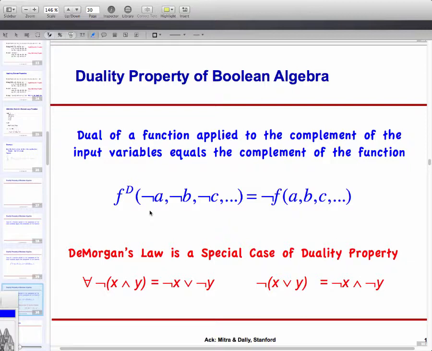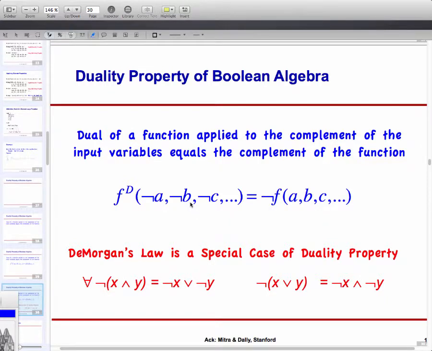For example, in many technologies, AND gates are slow, OR gates are fast. So whatever function we have, we try to replace AND gates or NAND gates by NOR or OR so that they are faster. So DeMorgan's or this duality property ends up helping us out.